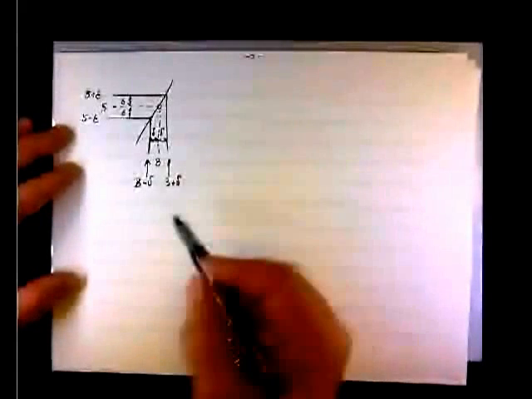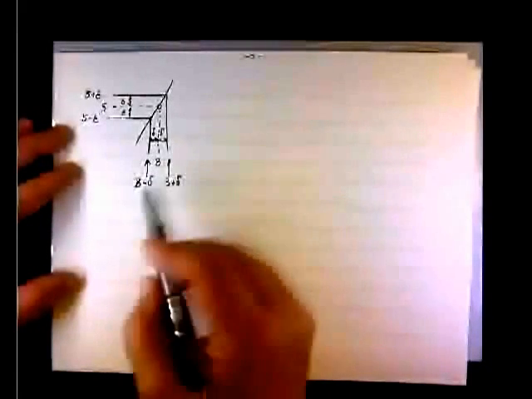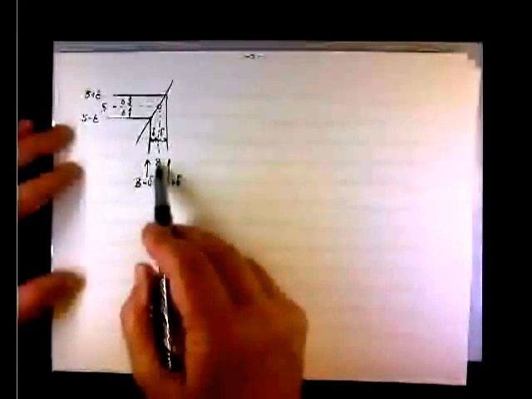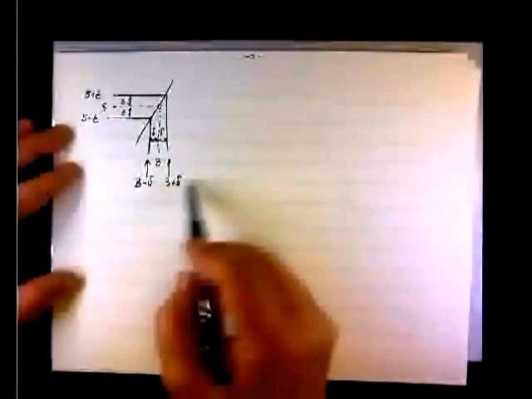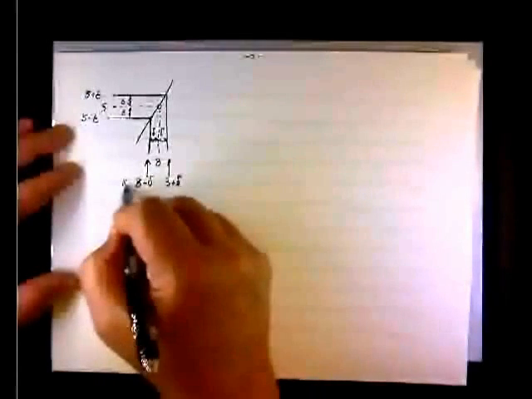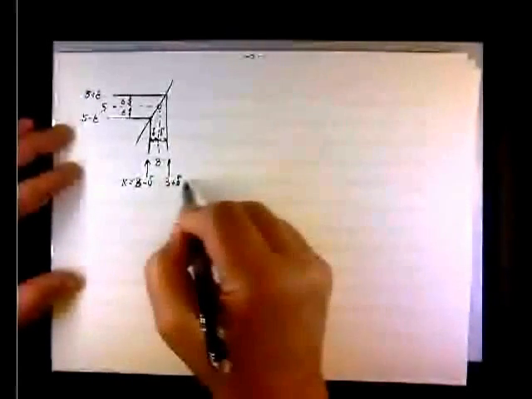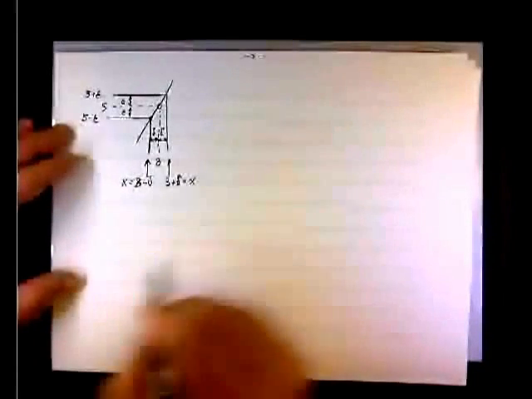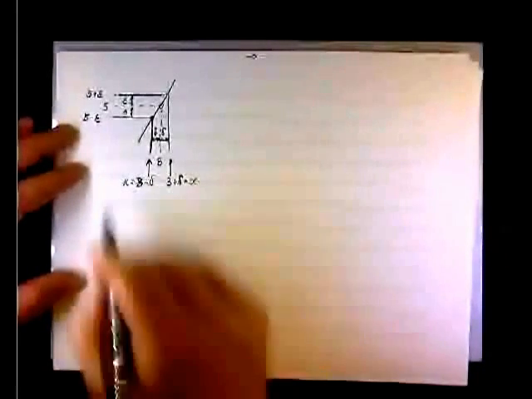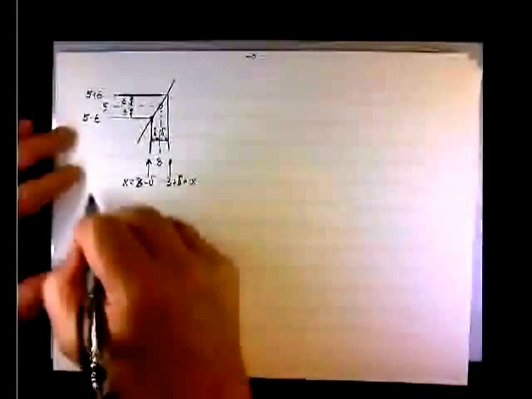We want to find delta, right? We want to find values of x. And x will be 3 minus delta or 3 plus delta. So we need to find delta.